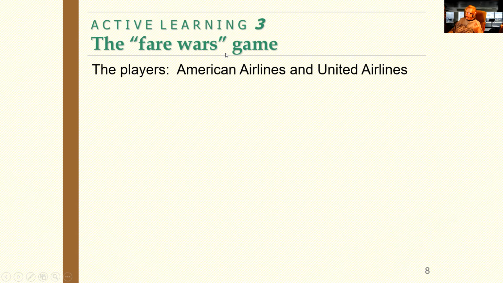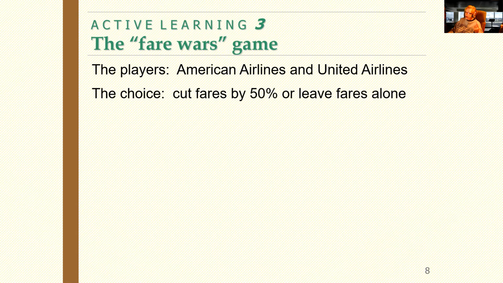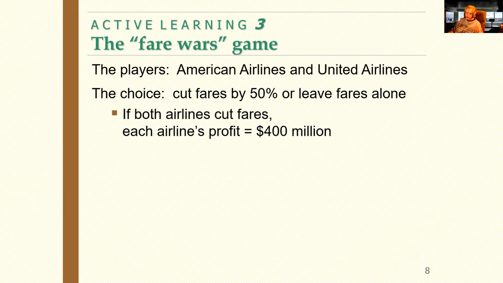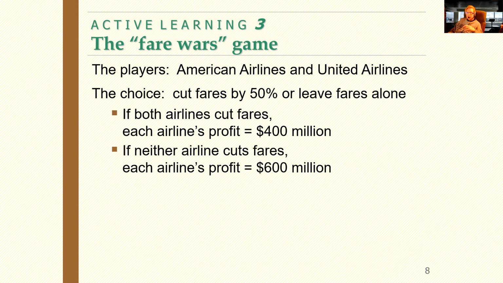So here we have American Airlines and United Airlines. We can cut fares by 50% or leave the fares alone. If they both cut fares, each airline's profit will be $400 million. So that would be two cells, both cut fares for each one. Neither cuts fares, so there's our two decisions.